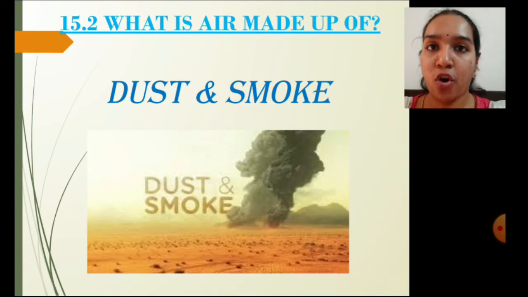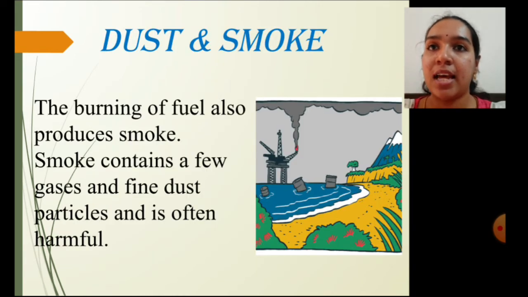The next component present in the mixture of air is dust and smoke. The burning of fuel not only produces carbon dioxide but also smoke and dust particles, which are often harmful to others.